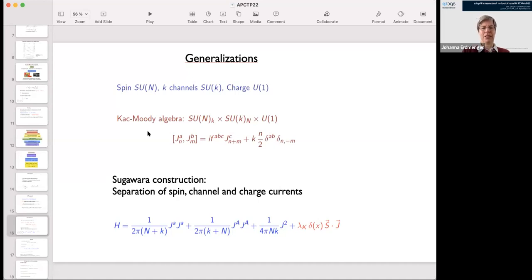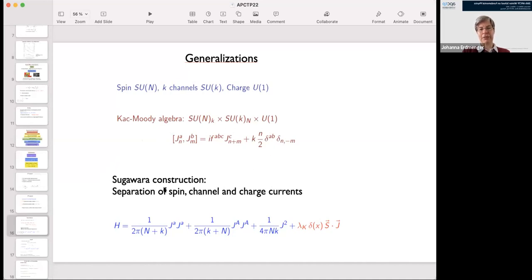Okay, and now there's a technique in 1+1 dimensional conformal field theory, which is the so-called Sugawara construction, which means that we can separate the spin, channel, and charge currents. So we have a conserved current for each of these symmetries.